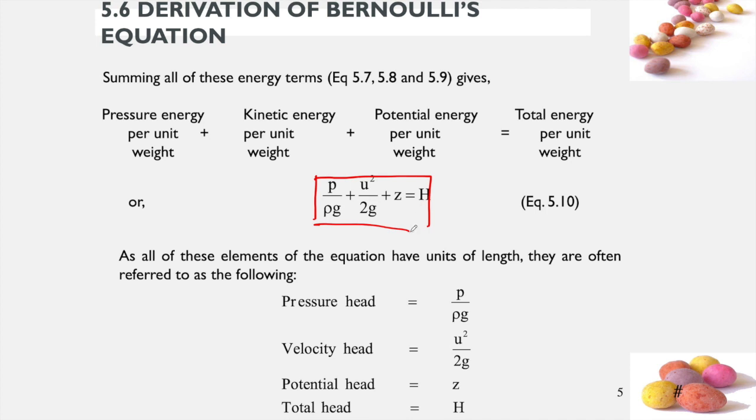So this is only one point. If you are applying it to two points and you want to find the total energy, that would involve P1 and P2. As all of these elements of the equation have units of length, they are often referred to as follows.